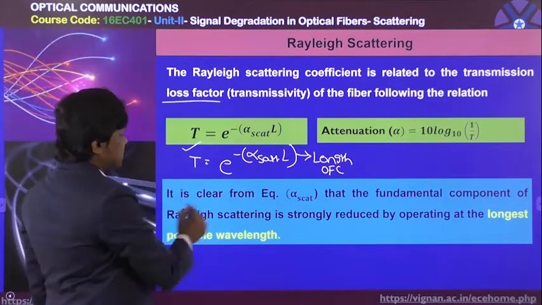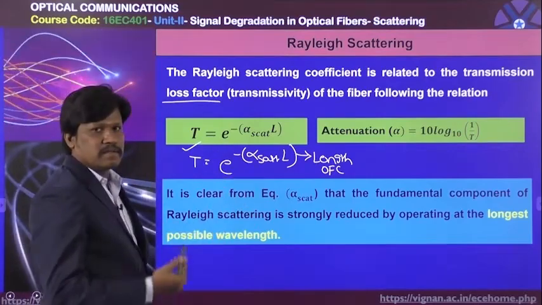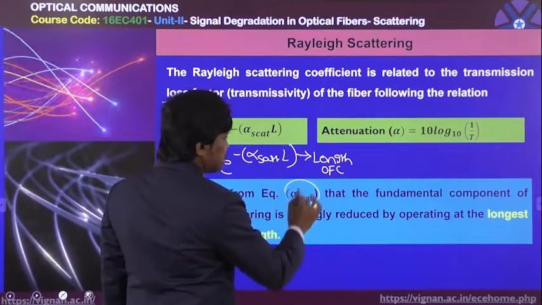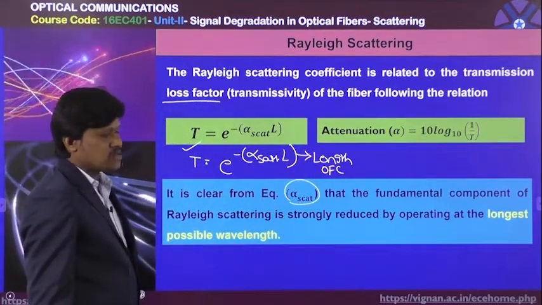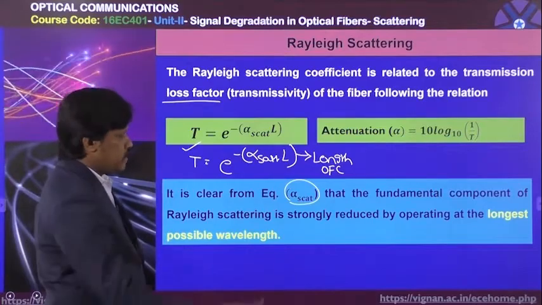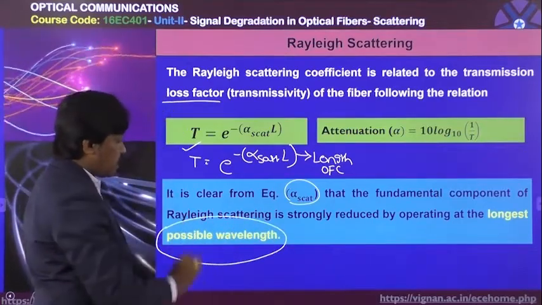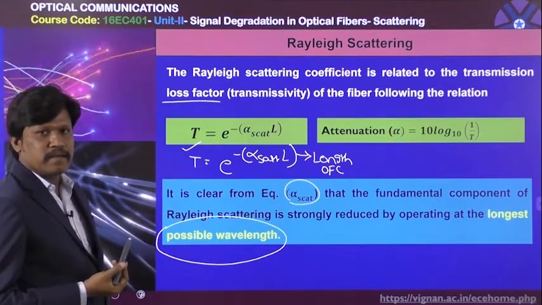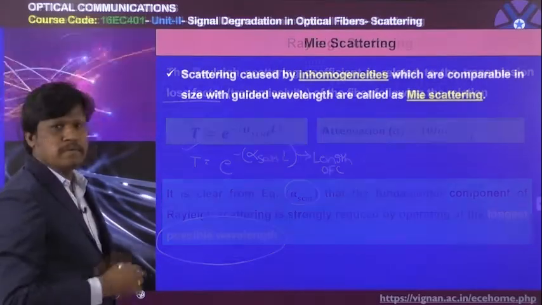It is clear from the equation for the Rayleigh scattering coefficient that the fundamental component of Rayleigh scattering is strongly reduced by operating at the longest wavelengths possible. As we already discussed, Rayleigh scattering can be reduced by operating with the highest wavelengths.